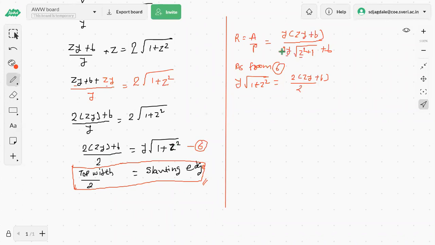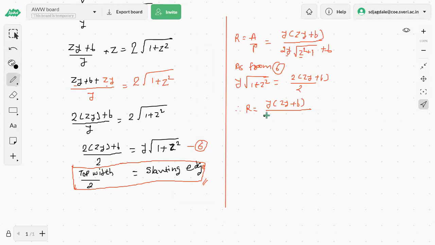So what will be there in 2 into this term will be there, means 2 into 2 zy plus b will be there. Okay. So therefore hydraulic radius r is equals to numerator as it is y into zy plus b divided by, now we're replacing this.